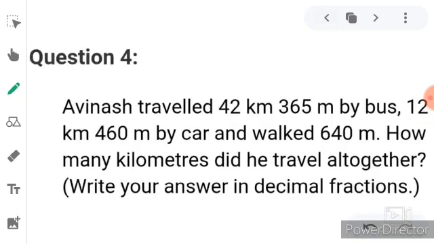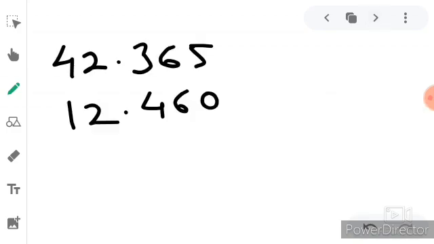Then 640 meters by walking. So here kilometers are not given. Only meters are given to you and kilometer are not given.